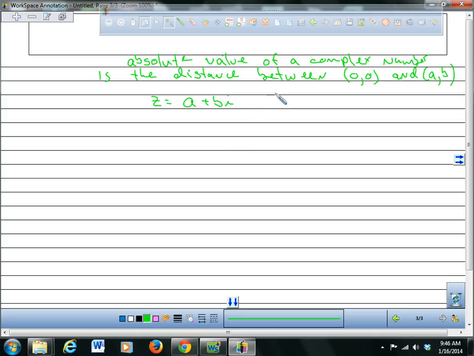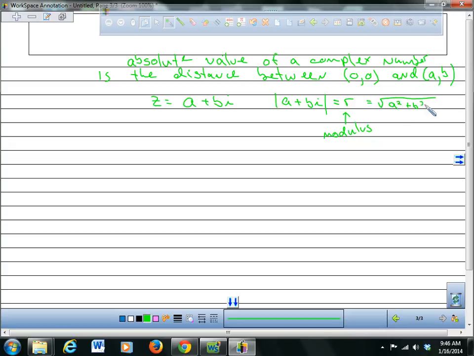like this: the absolute value of a plus bi is equal to r, which is called the modulus of the complex number, which is equal to the square root of a squared plus b squared.